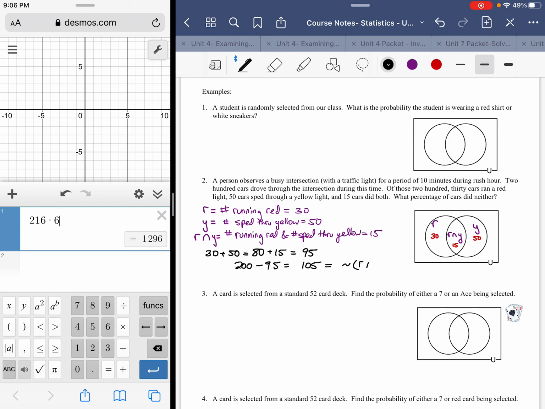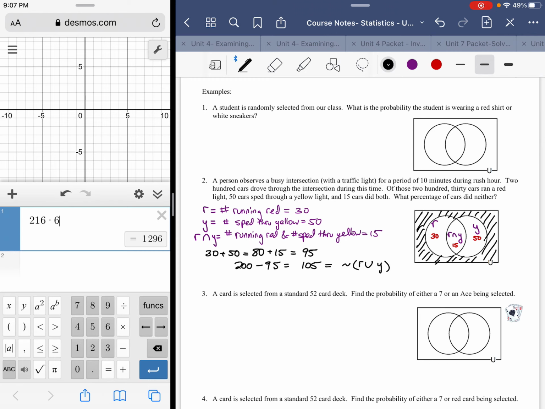What that's equal to is the cars that did not run a red light, and cars that did not speed through the yellow. All right, so that's going to give us all this stuff out here.